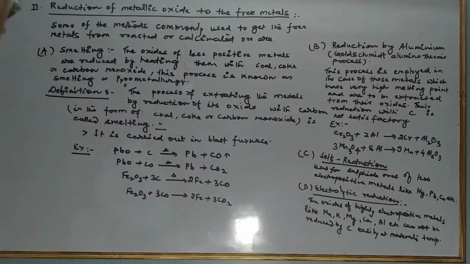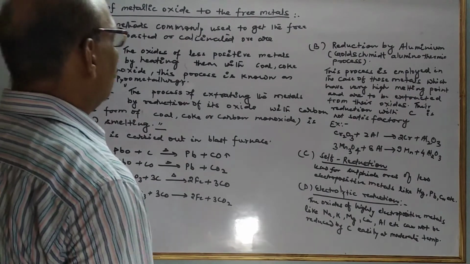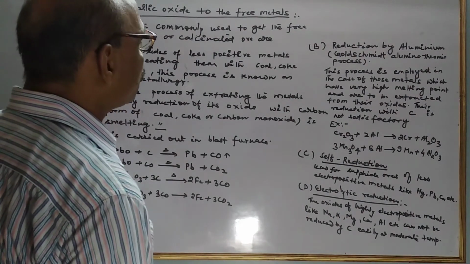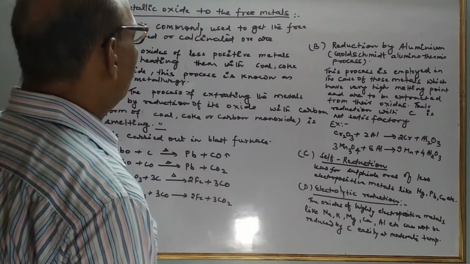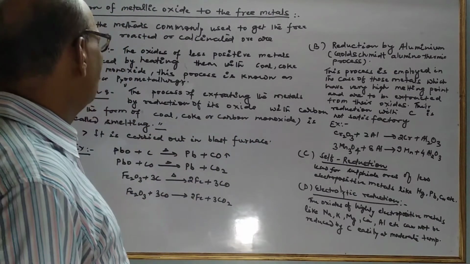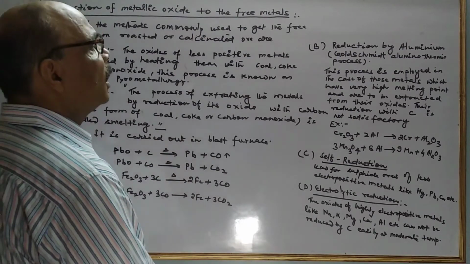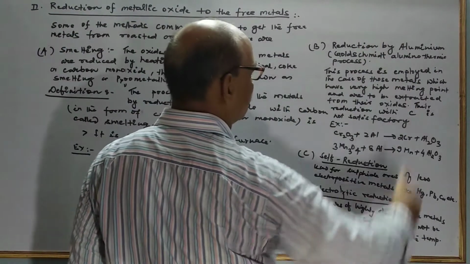So smelting means carbon reduction. Heating the metallic oxide with carbon in the form of coal, coke, carbon monoxide, and even with aluminium. That is also known as aluminothermite process.